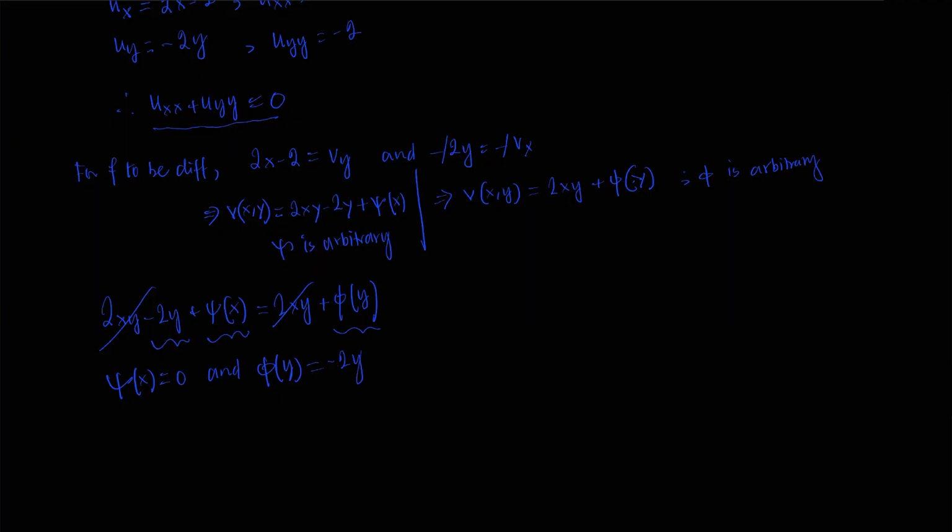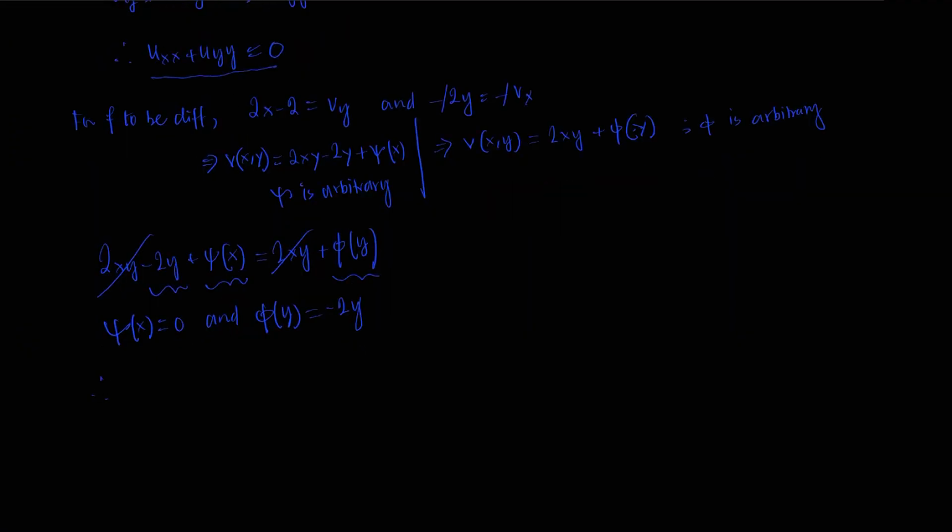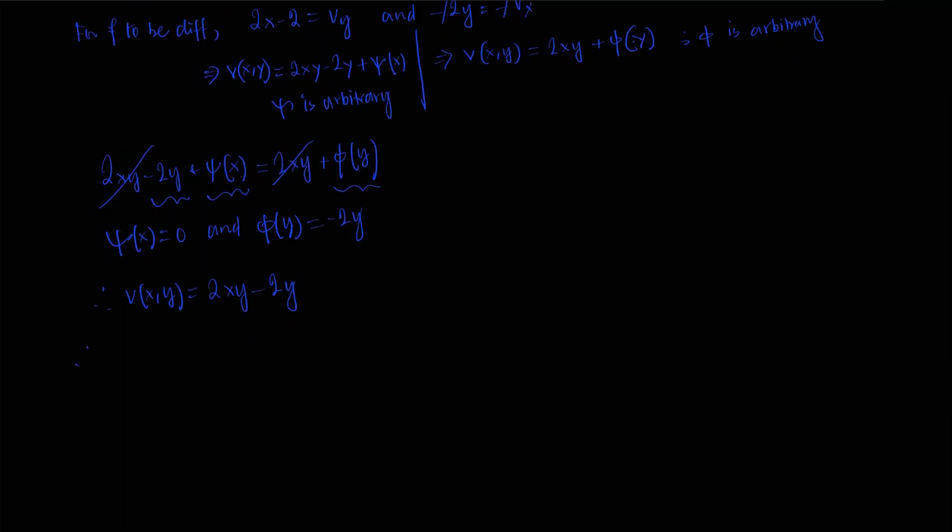So if this is true, v of xy will be nothing but 2xy minus 2y, and psi is 0. Therefore, f can be written as f of z.